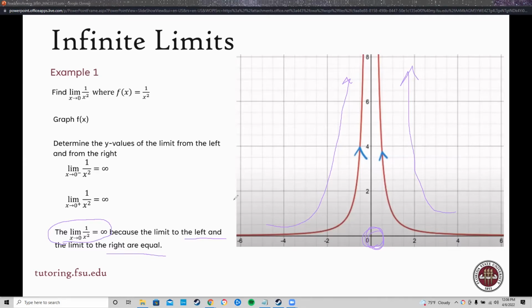So just because it has infinite or asymptotic behavior doesn't mean that a limit won't exist. Even though this isn't a continuous function, and there's literally nothing we can do at this point, the limit here exists and can be evaluated. It's just something to be very aware of when dealing with these.